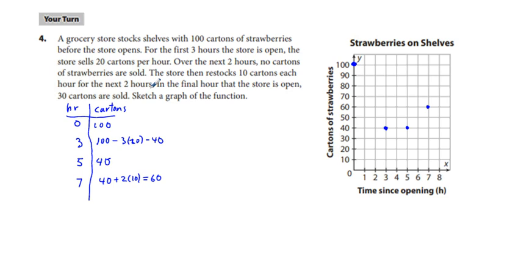And then in the final hour the store is open, 30 cartons are sold. So between hour 7 and hour 8, we're going to have 60 minus 30 cartons equals 30.